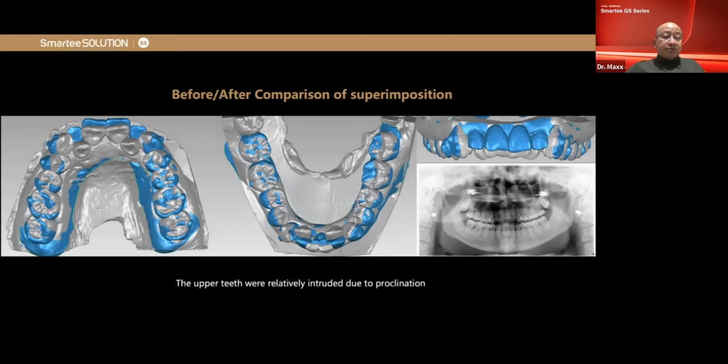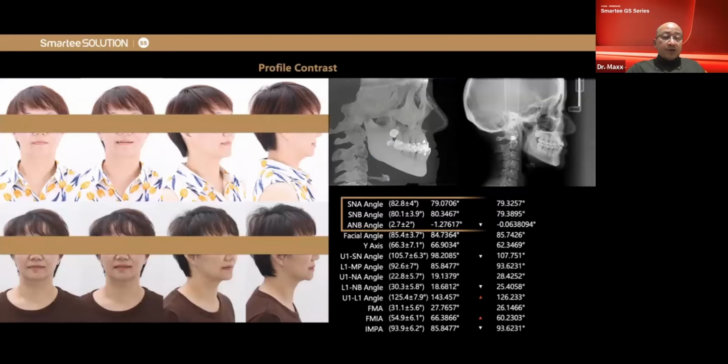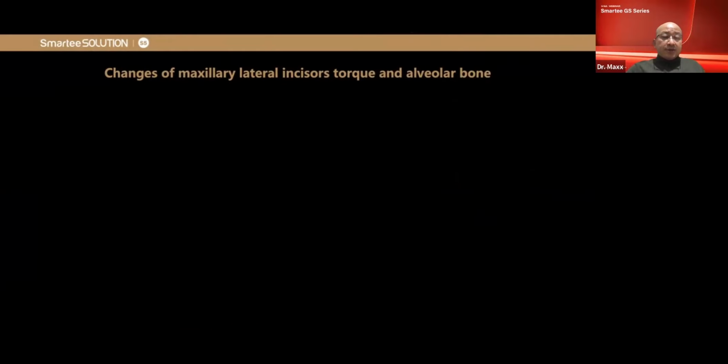The upper teeth were relatively intruded due to proclination. So that's the result, a perfect contrast of before and after, and the ANB angle is much improved.